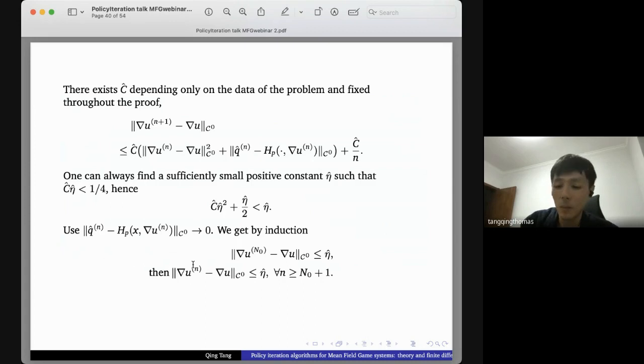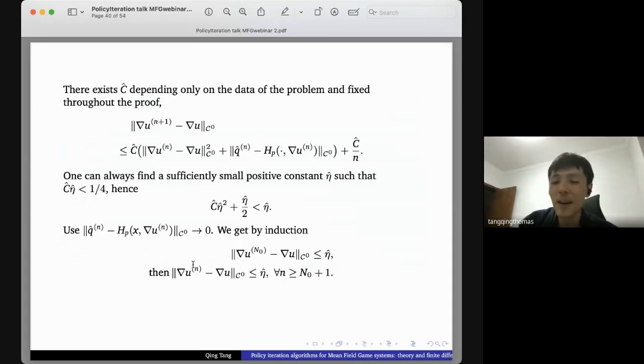The strategy of the proof is to get an estimate which looks similar to the previous proof, with a square term. The point is that if I have a capital N0 which is large enough, then I can start to iterate, and I will always remain within a small ball near the stable solution.